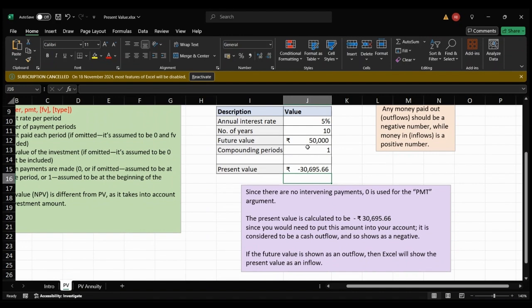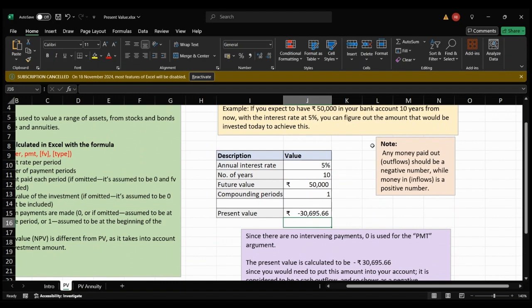Here the future value is showing as a positive value. Suppose the future value is negative, then this value will be shown as positive. So what we have to understand is that any money paid out, that is outflow, should be a negative number, while money paid in, inflow, is a positive number.